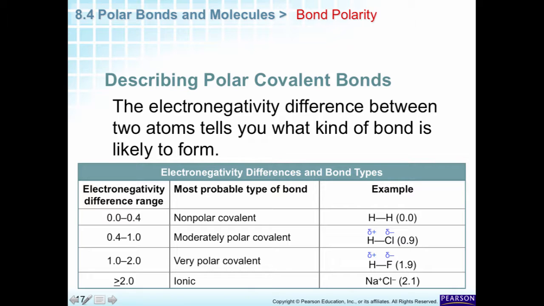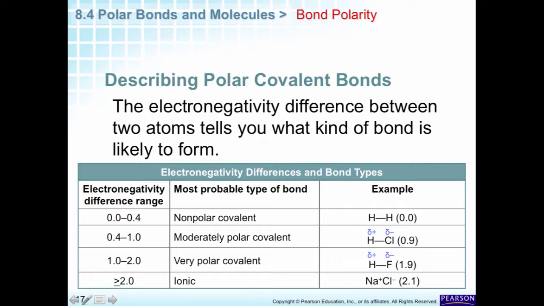For instance, HF is not ionic. It's very polar, but it's not ionic. So we kind of have to look at these with a grain of salt, because there aren't really sharp breakpoints. They're more like guidelines, and you should know them because they will help you quickly look at an electronegativity table and determine if a bond is polar or ionic.